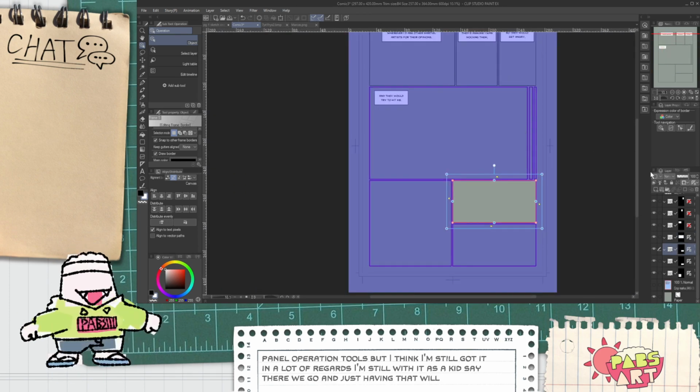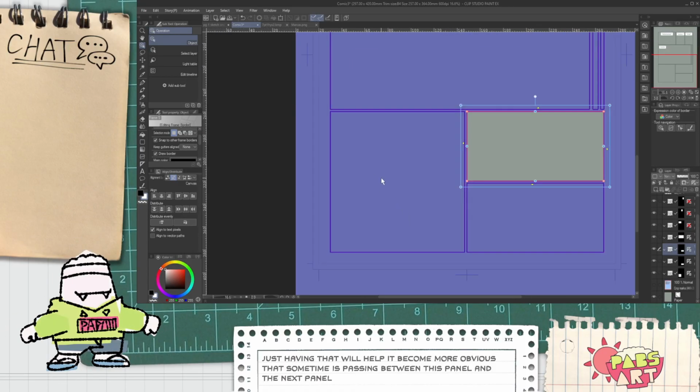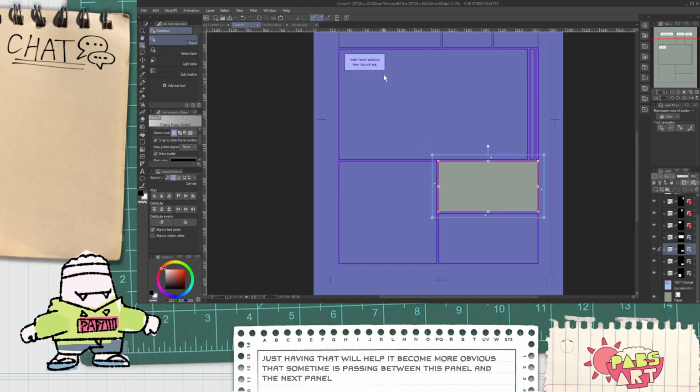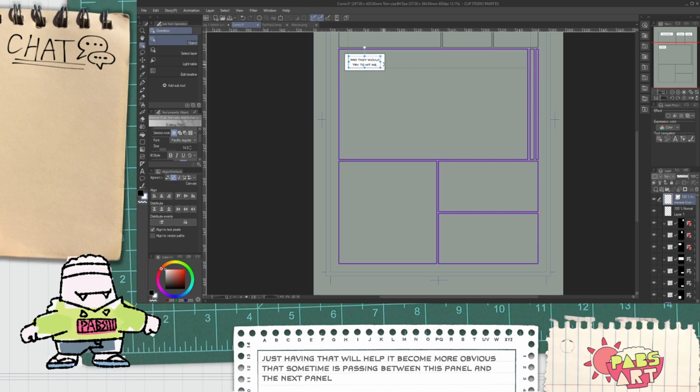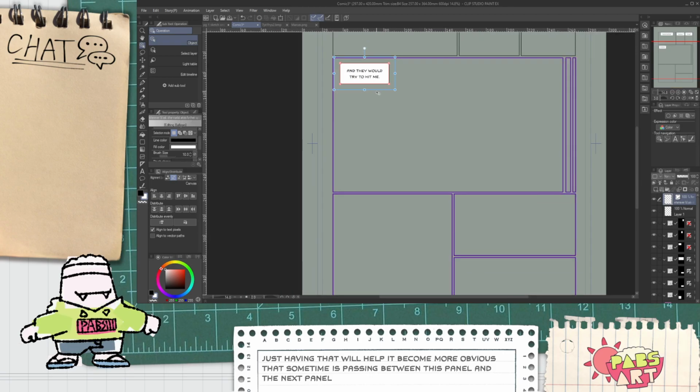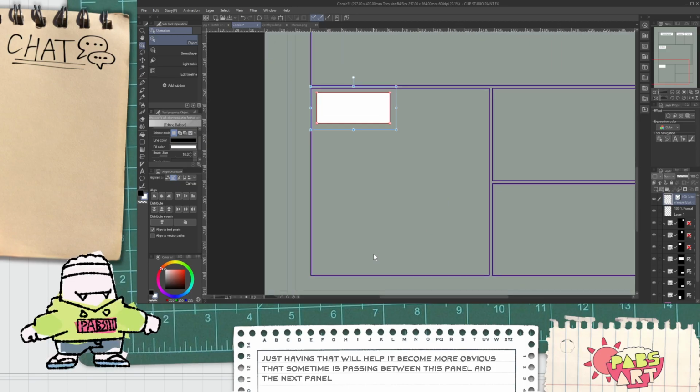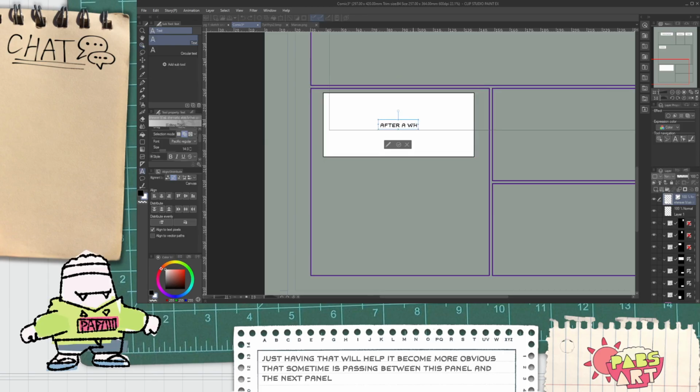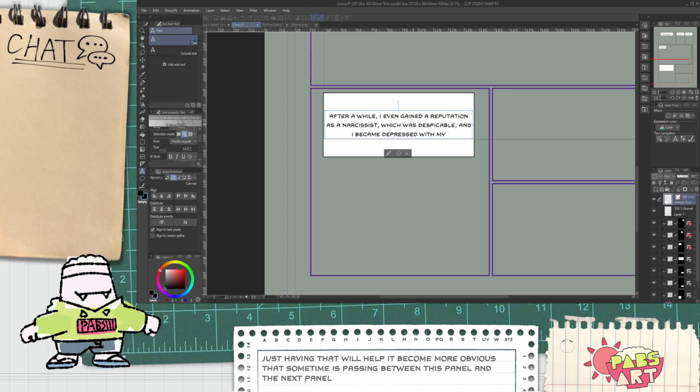And just having that will help it become more obvious that some time is passing between this panel and the next panel.